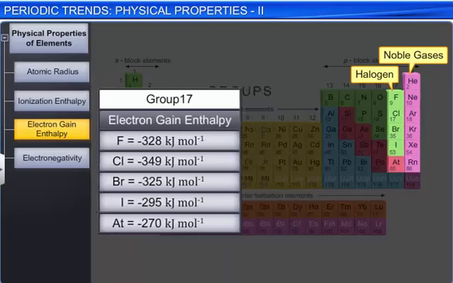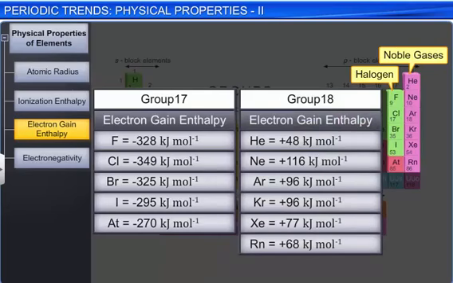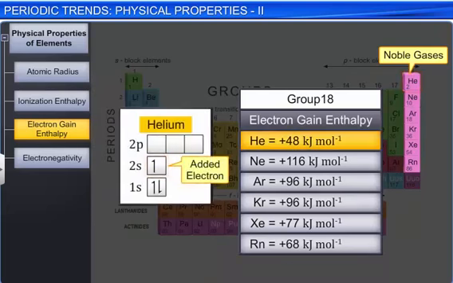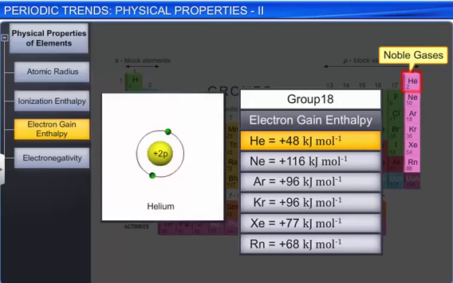This is because, in the case of noble gases, the electron has to enter the next higher principal quantum level, leading to a very unstable electronic configuration. Therefore, noble gases need to absorb energy in order to gain an additional electron.